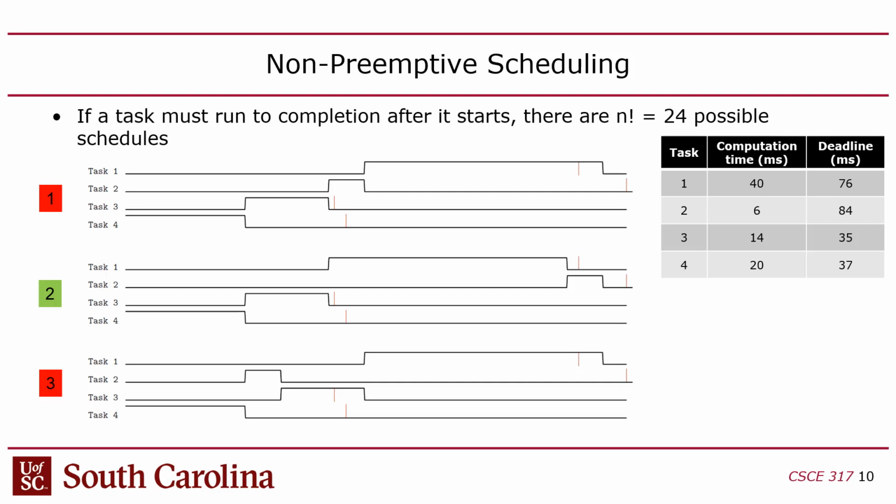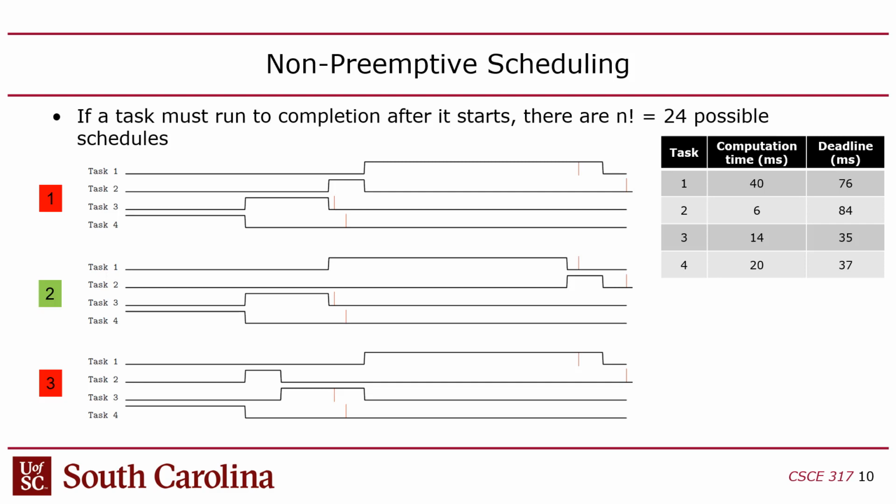And it turns out that out of those 24 orders, I think there's only 2 of them where all 4 tasks meet their deadline, right? I'm also assuming, by the way, that every time I run one of these, I run it till completion.